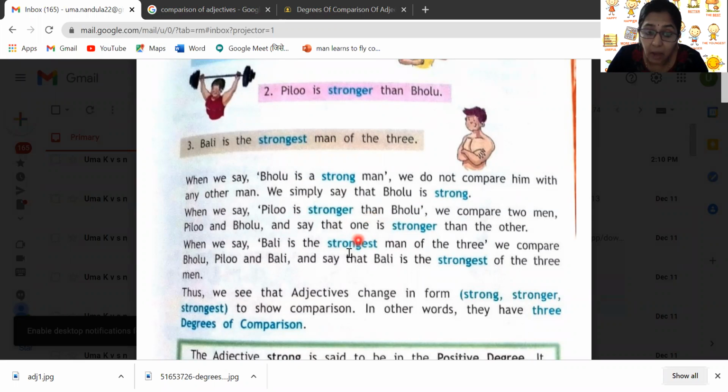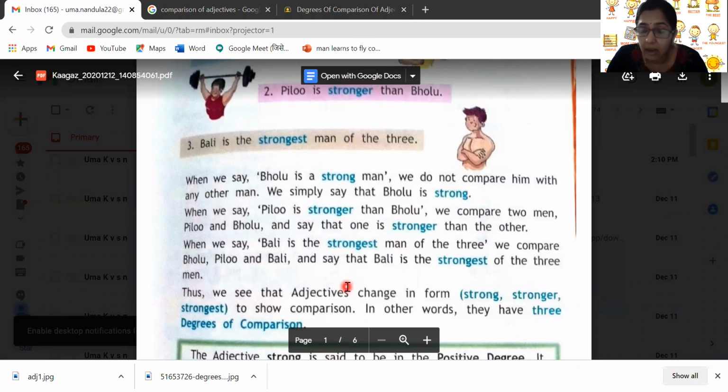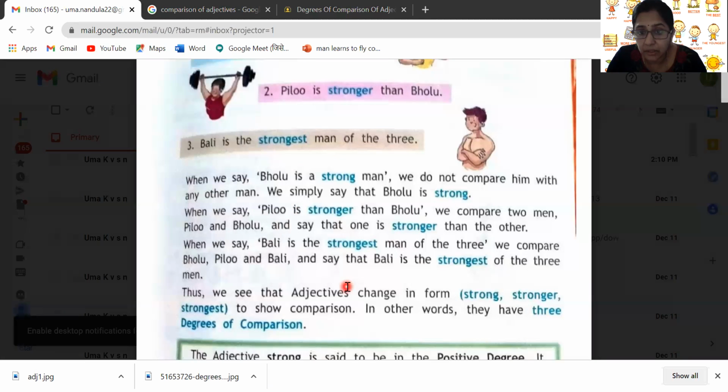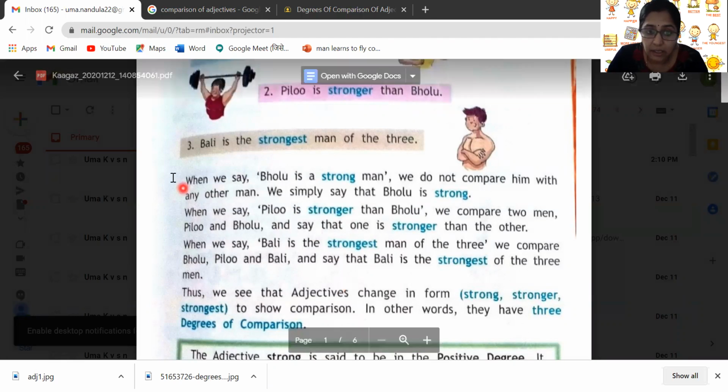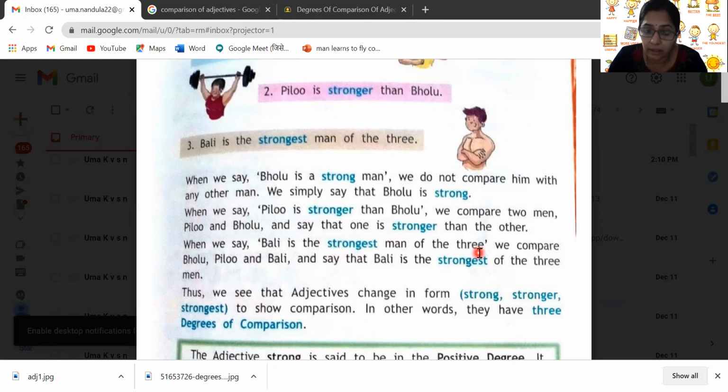Now three persons have come: Bali, Bolu, Pilu. Out of three, suppose Bali is the person who is very strong. So we say Bali is the strongest man of the three.